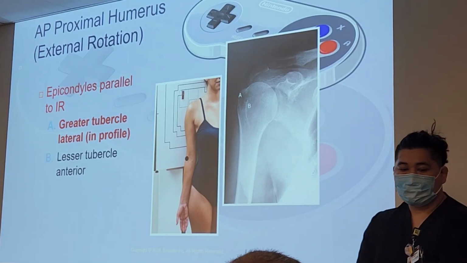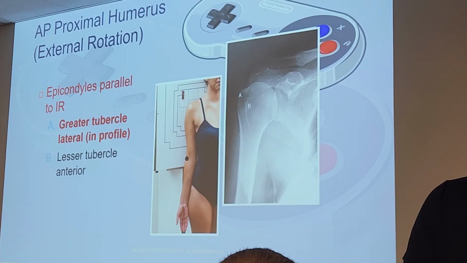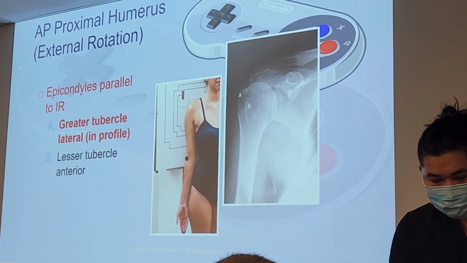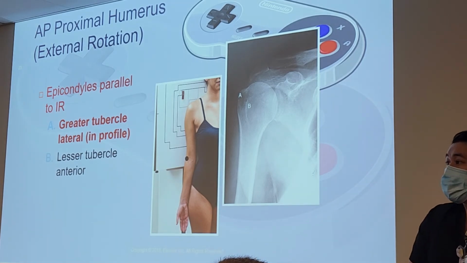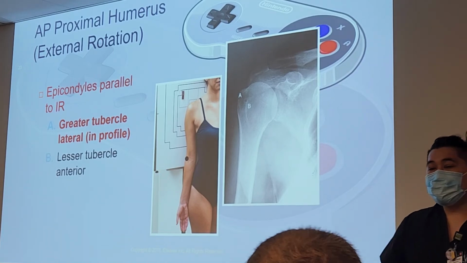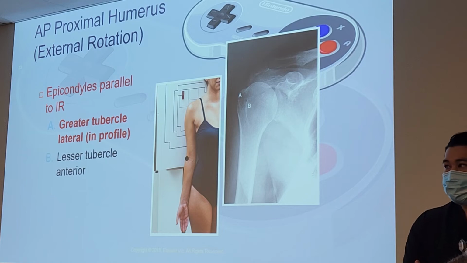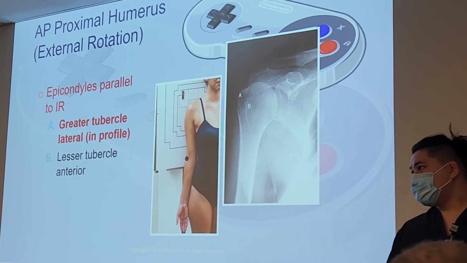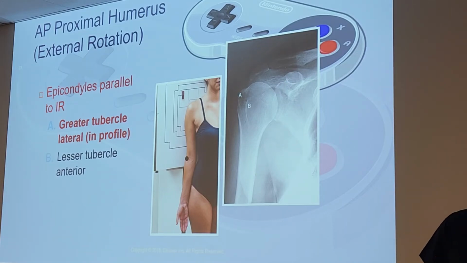This is essentially really honing in on this position when we're looking at the shoulder. Okay, so, AP proximal humerus, external rotation. When we rotate externally, our epicondyles are going to be parallel to the IR, which will put our greater tubercle in profile.